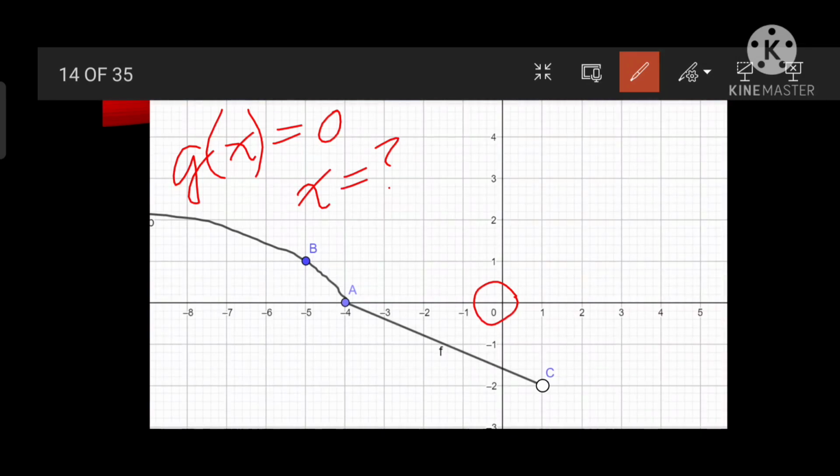After which, when y is equal to 0, our x is obviously equal to 0. Okay, so that's it. When y equals 0, x is equal to 0.